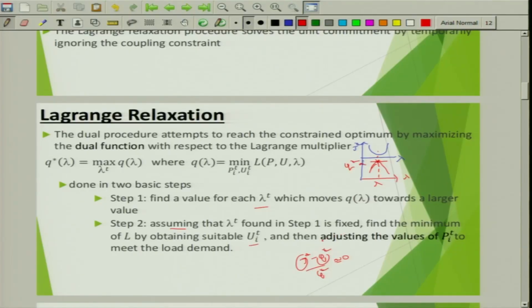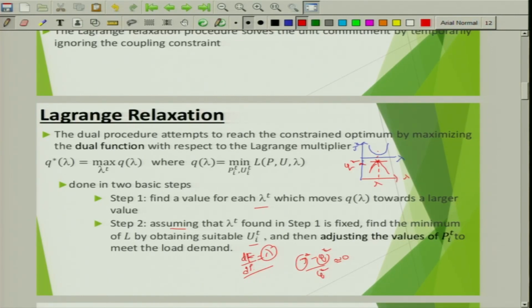Once you fix the lambda you get a value of p, because df by dp is equal to lambda. If you fix the lambda you get the value of some generation, right? So now you have the generation and lambda, and then you optimize the u, because both are fixed now.